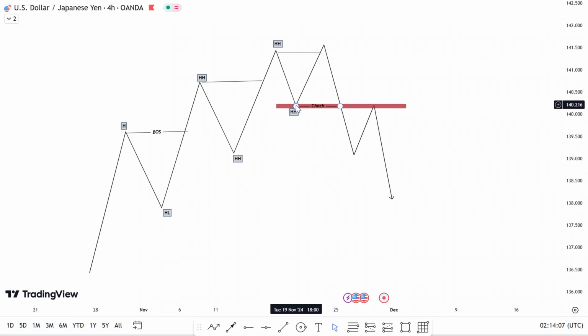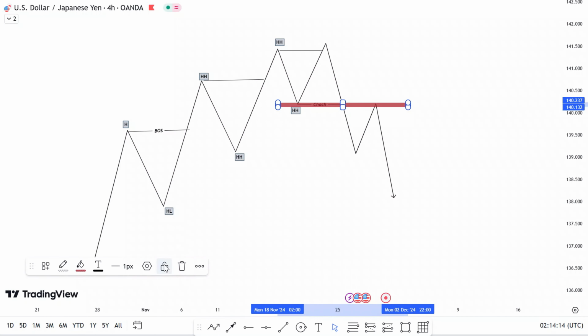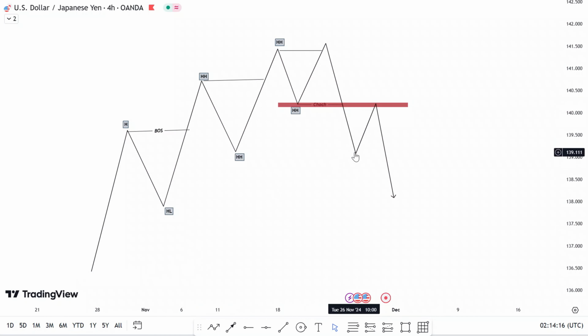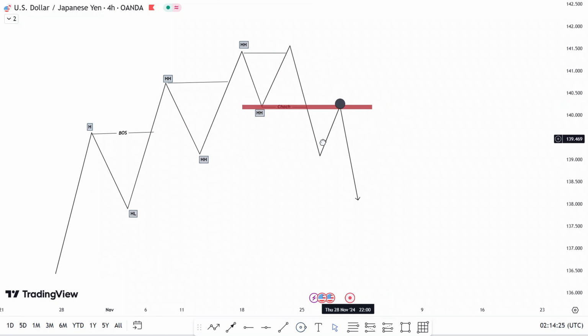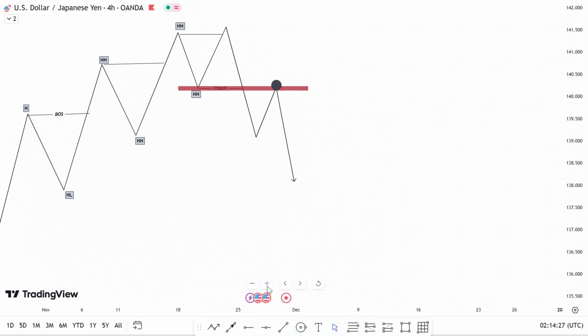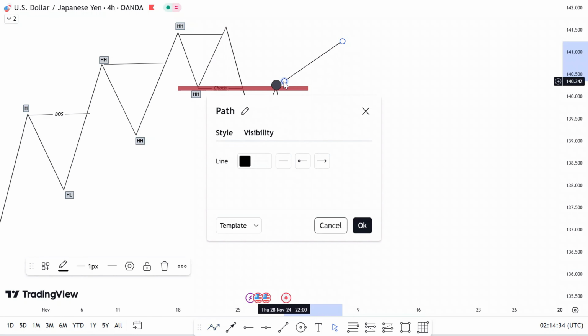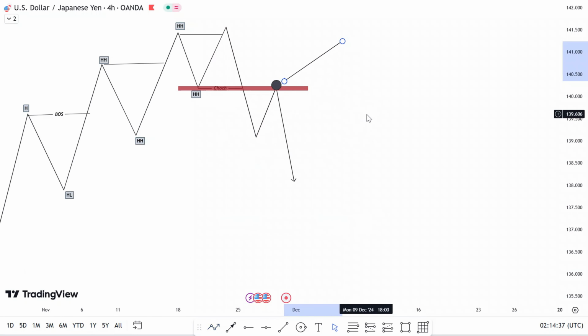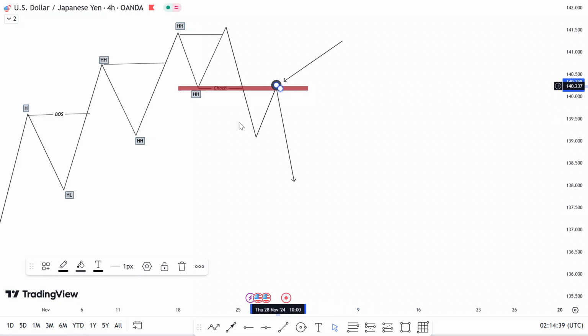Now this is where supply and demand comes in. At this point at which the market changed character, the market is now trading below that area. If the market retraces back to that area, this area is now known as resistance to the market.